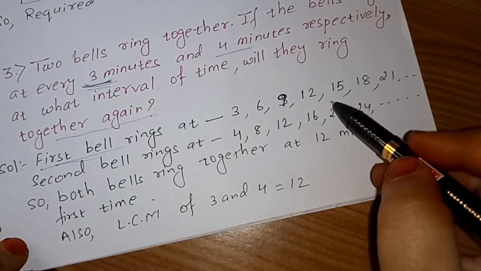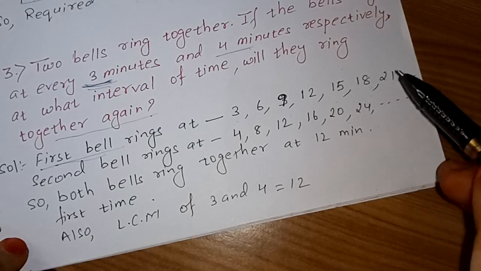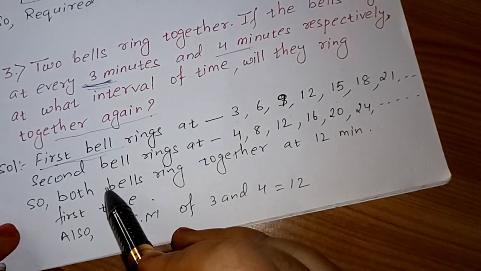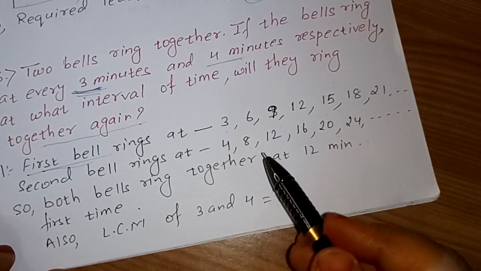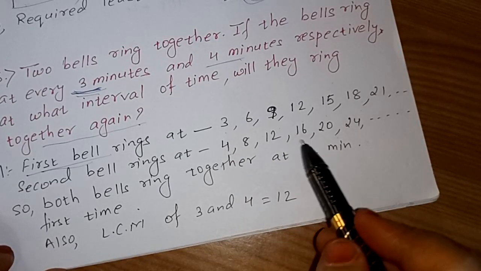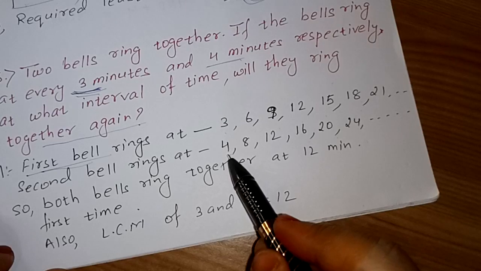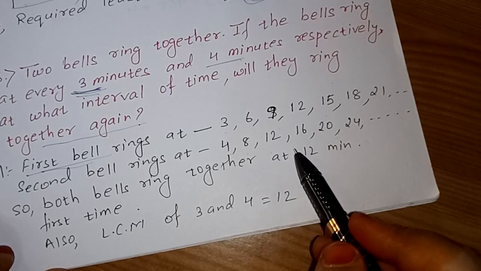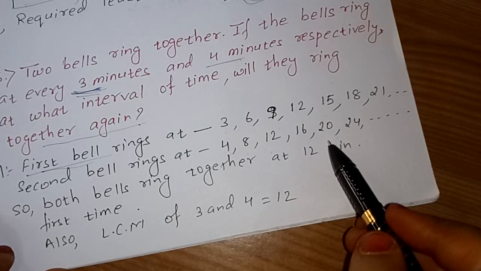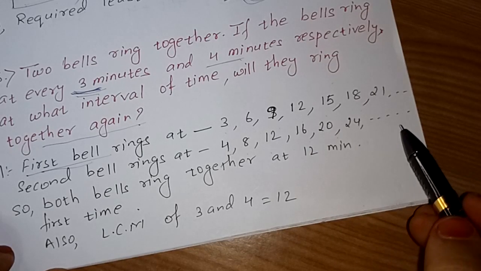The multiples of 3. Okay. Whereas the second bell rings every 4 minutes. So multiples of 4. First time it rings at the 4th minute, then 8th minute, then 12th minute, then 16th minute, then 20th minute, then 24th minute, like that.